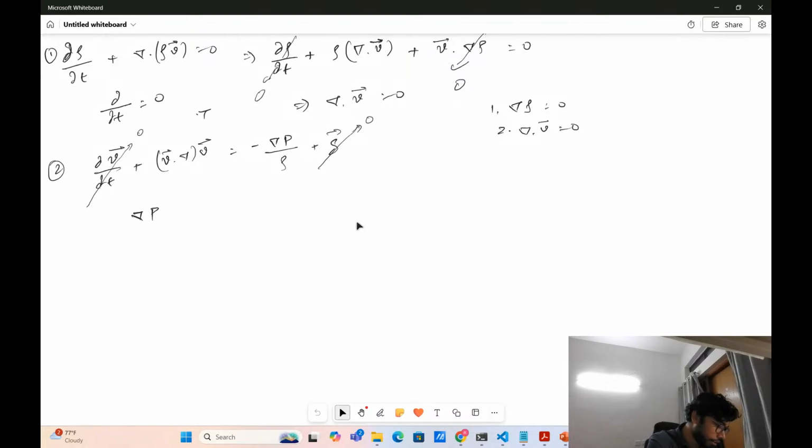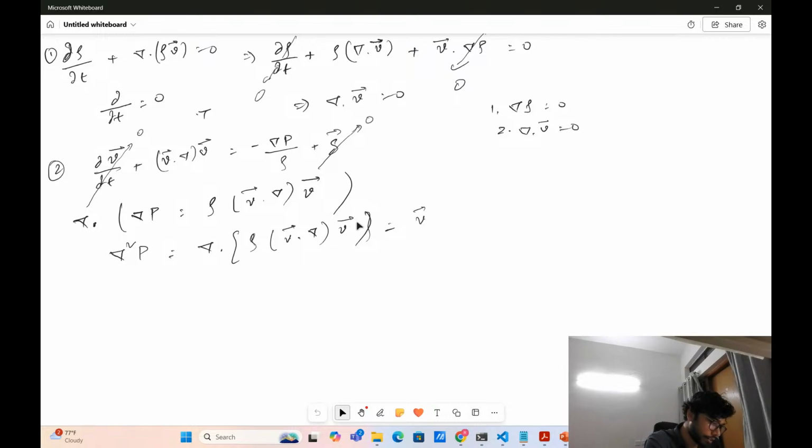So del P equals rho times V dot del V. And if you do a del dot on both sides, take the divergence of both sides, del dot del P is del square P, and you have del dot of rho times V dot del V. Now, if you apply the chain rule over here, you take del rho once, so this reduces to V dot del V times del rho plus rho times del dot V dot del V. Now, again, from the incompressibility condition, del rho will become 0. So del square P will be this thing.